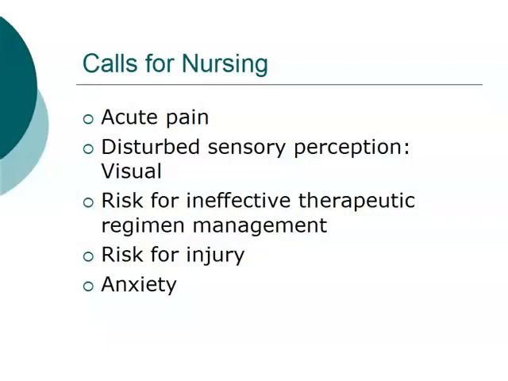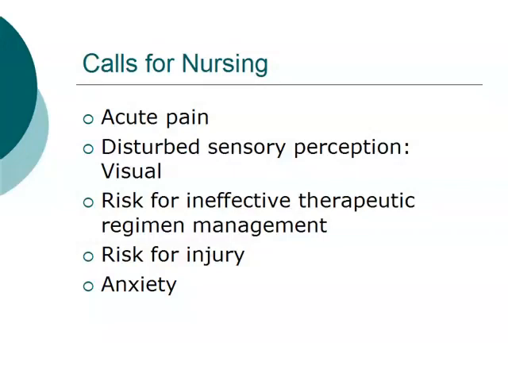Remember, anytime you're writing out your nursing diagnoses, they have to have a "related to" following the first part. So here are some examples of correctly written nursing diagnoses for your patient with glaucoma.